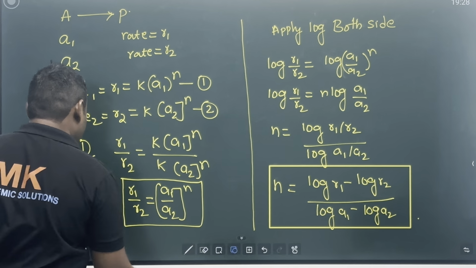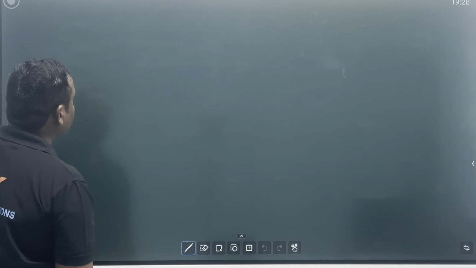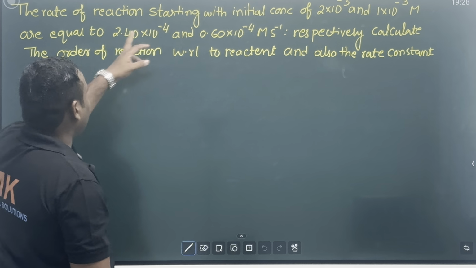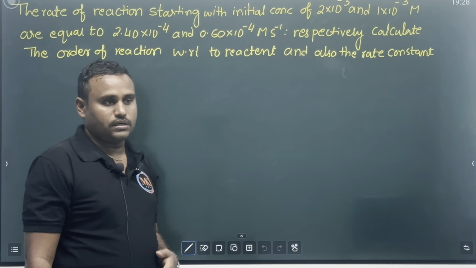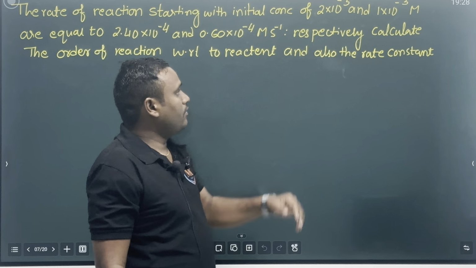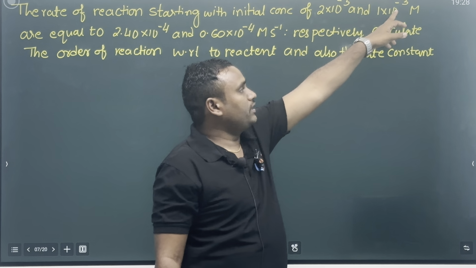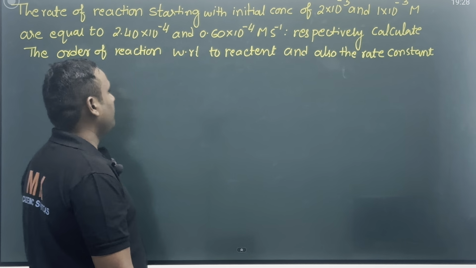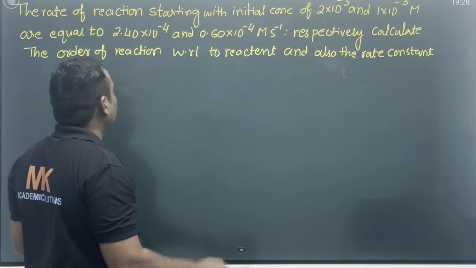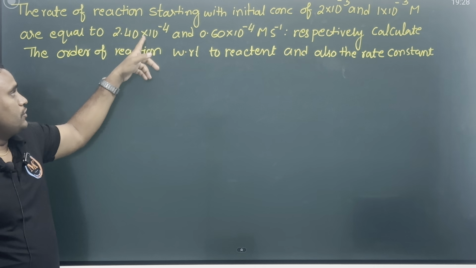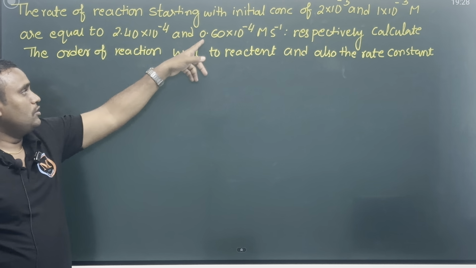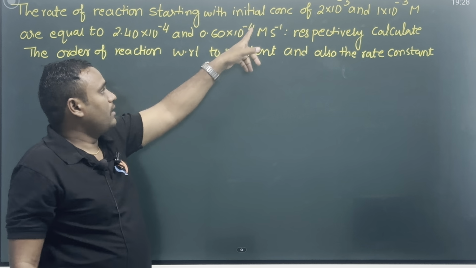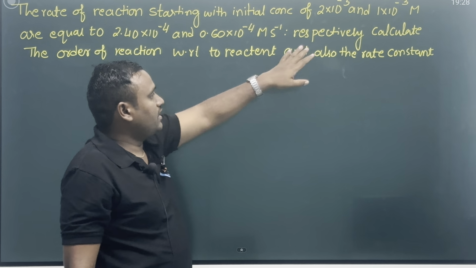Okay, next we will see one model problem on this. The rate of reaction starting with initial concentrations 2 into 10 to the power of minus 3 and 1 into 10 to the power of minus 3 molar are equal to 2.40 into 10 to the power of minus 4 and 0.60 into 10 to the power of minus 4 moles per second respectively.